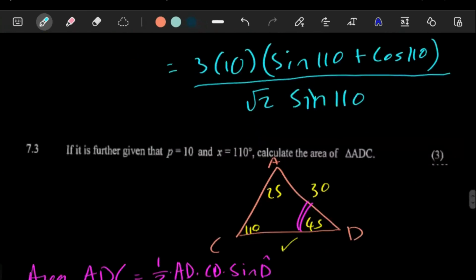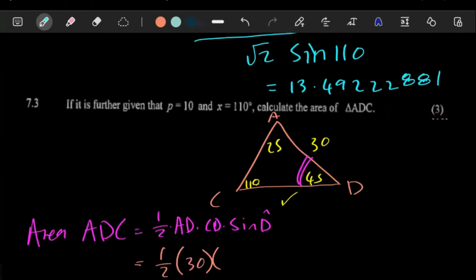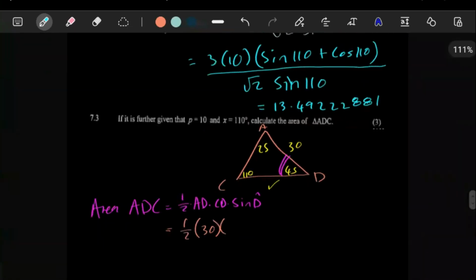So in the calculator, let's see what all this gives us, because it's best to just have this value without it being simplified. So it is 13.59123881.